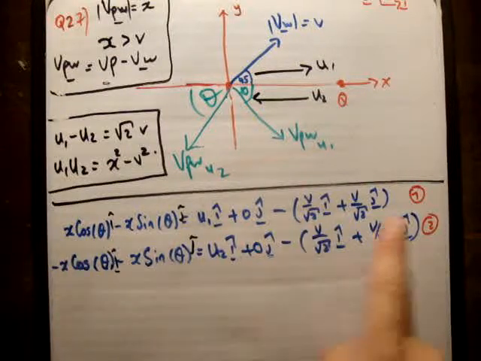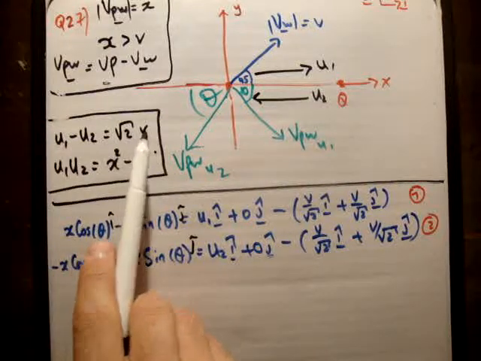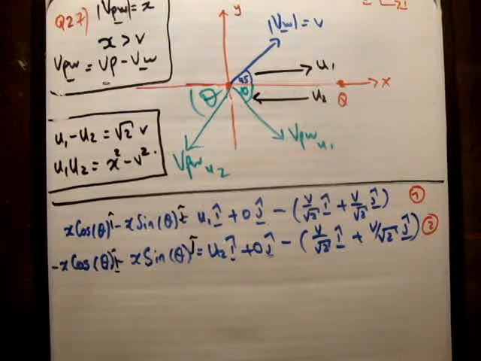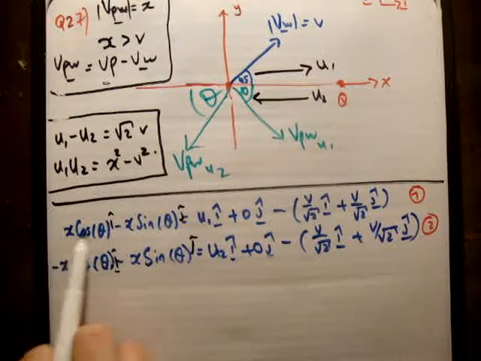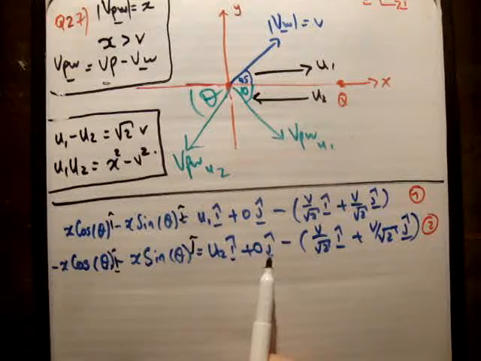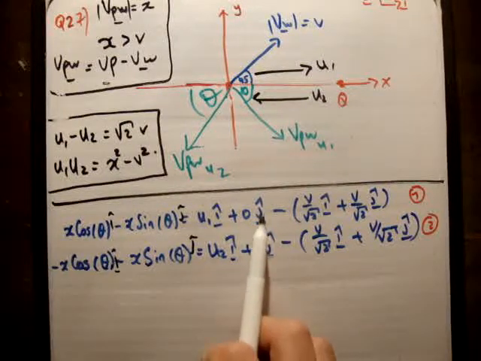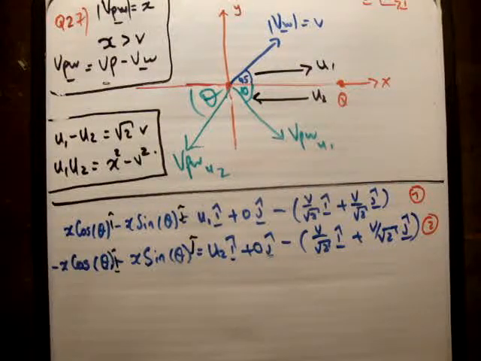So like I said, we have two equations, 1 and 2. If you look here, in this part of the equation, there is no x component. So in both cases I'm going to solve for x. Also, there is a 0 j hat component here, so I'm just going to work with the i hat components to start and see what happens.